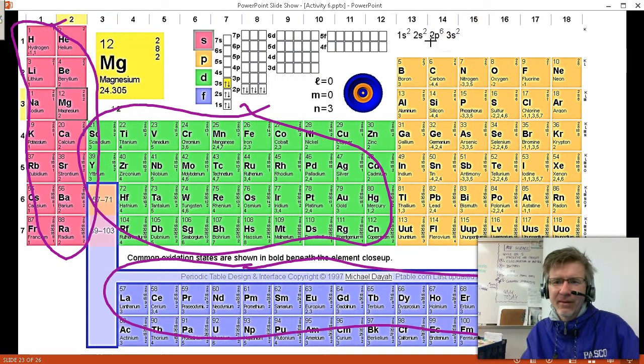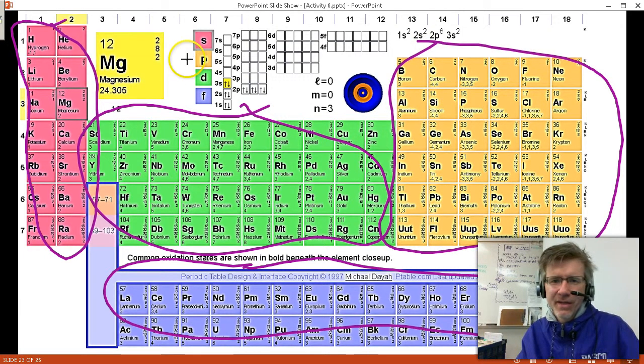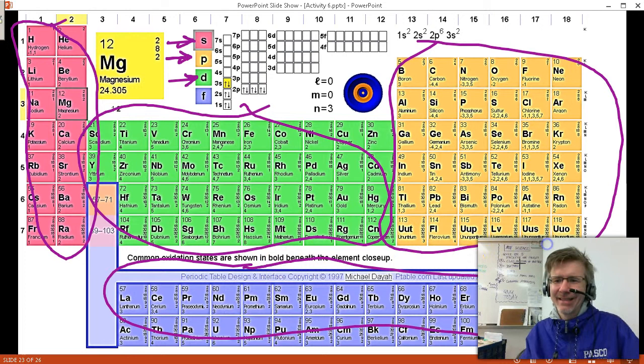P right here, groups 13 through 18. This is just another periodic table, just a quick view. Notice the color here: S red, P yellow, D green. D sublevels are added here. D has 10, and then F sublevels, F has 14.